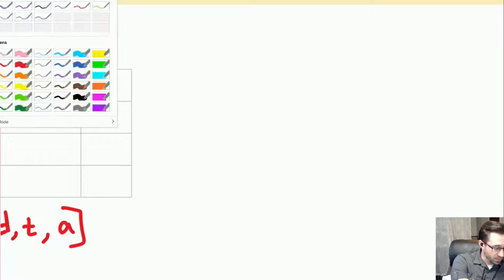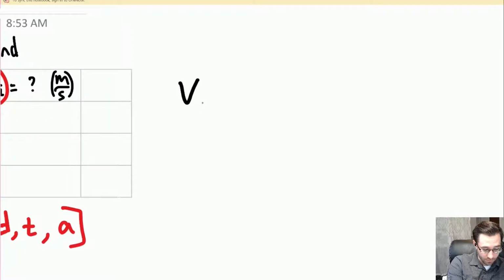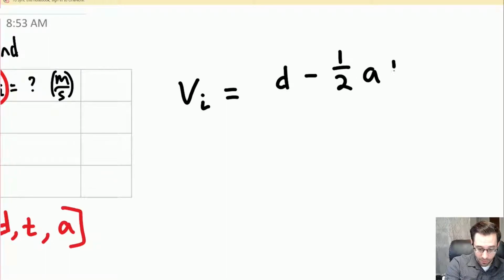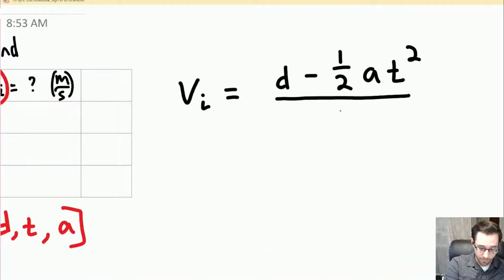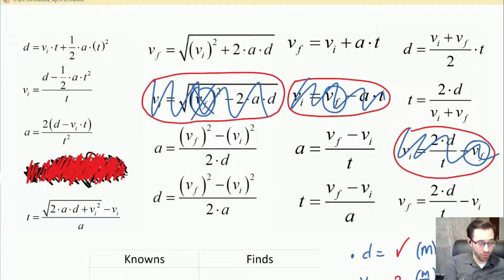So the expression that we get is v sub I equals d minus 1/2 a t squared divided by t. Another reason why I write it down is so I don't have to keep going back and forth between the two different pages.